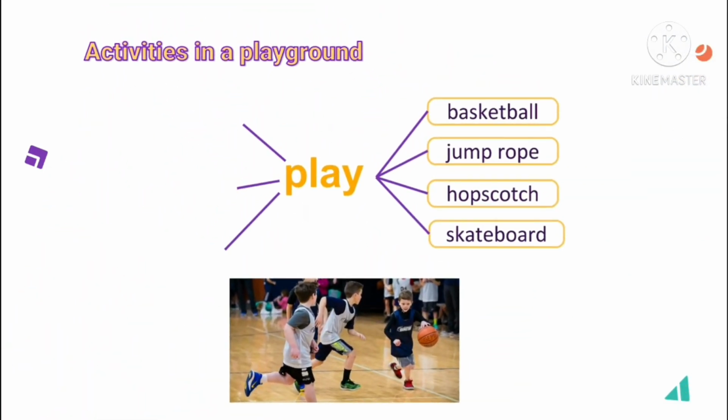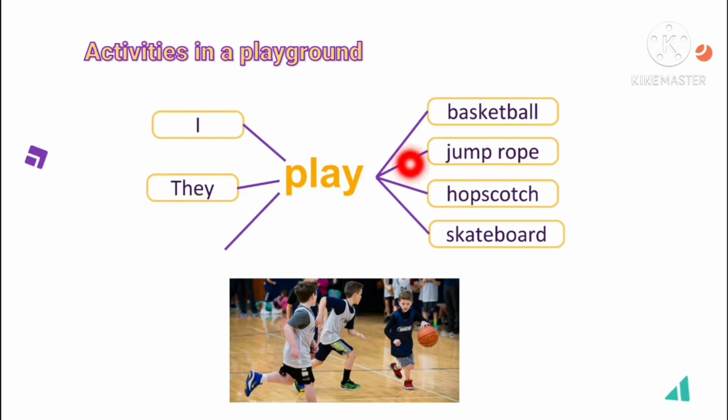If the object is something that's rather small, and you don't have to either stand or sit on it, we can just say, I play basketball. So I play basketball. After the word play, you immediately mention the object, okay?